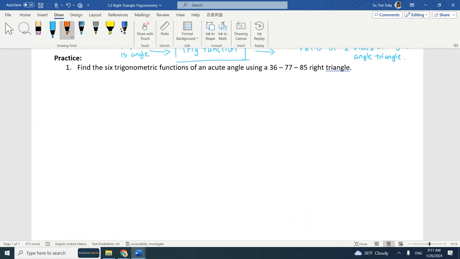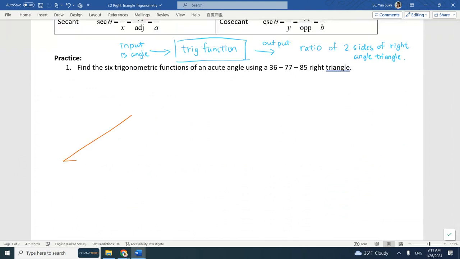Let me use orange. It's a right angle triangle. The smallest side is 36, so I can put 36 here. And the bigger side, 77. The longest side is 85.